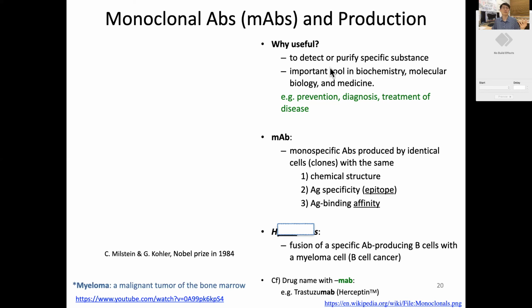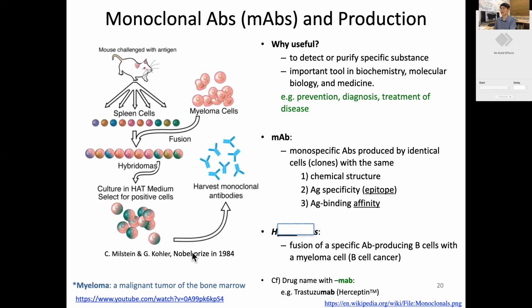And this has become a very important tool in biochemistry, molecular biology, and medicine to prevent, diagnose, and treat disease. So let me show you the scheme of how to create monoclonal antibody. This is so clever and important that it led to the Nobel Prize in 1984. So let's take a look.